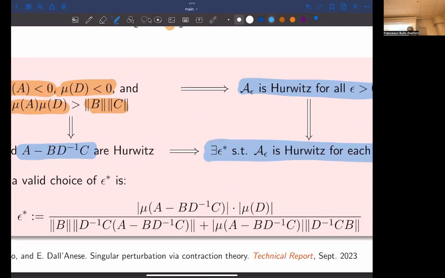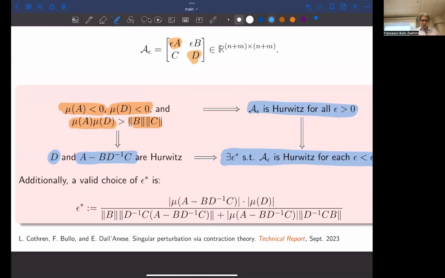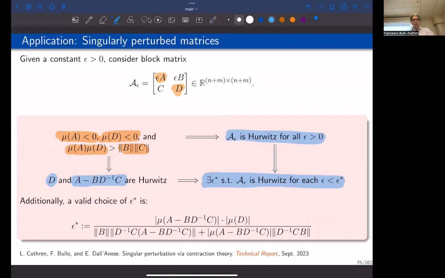Oftentimes that epsilon star is hard to compute. In this particular case, I know this looks like a long expression. However, every single object is very clearly easily computable. These are induced norms and induced log norms of the various matrices that appear. All right, so this was one first application of the network contraction theorem.